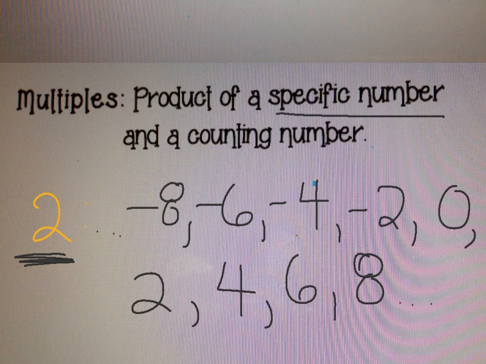So for example, if I wanted to find the multiple -8, I would multiply 2 by -4. Or if I wanted to find the multiple of 0, I would take 2 times 0. It's as simple as that.